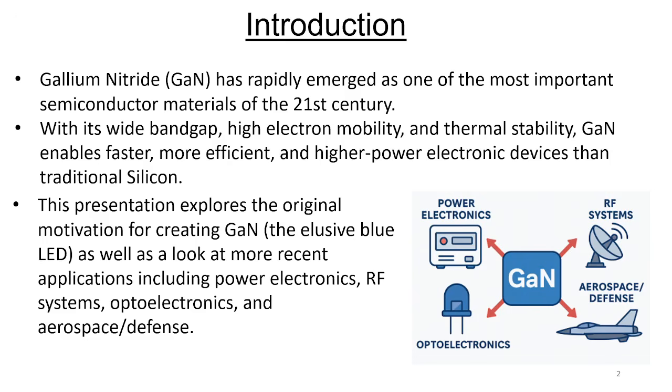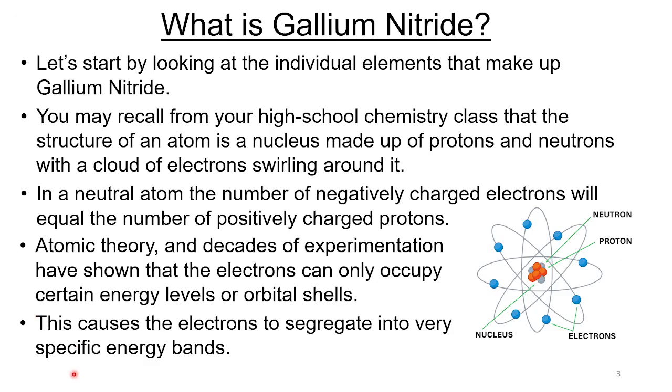This presentation explores the original motivation for creating gallium nitride, which I'm calling the elusive blue LED, as well as a look at more recent applications including power electronics, RF systems, optoelectronics, and aerospace and defense. So let's start by looking at the individual elements that make up gallium nitride.